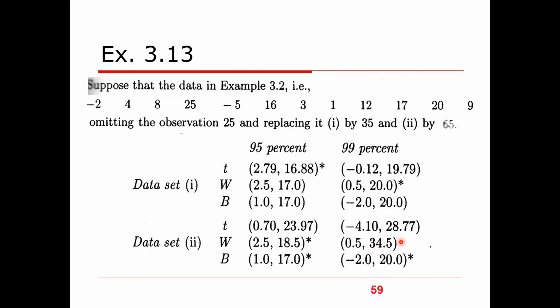So if we use another data set, another sample, which is better and which is worse may be different. That means for different data sets with different methods, they may give us totally different results.